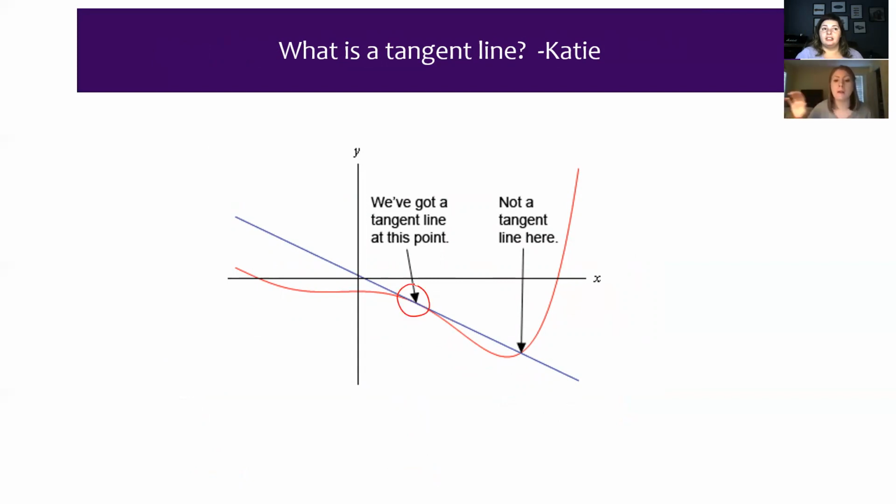So we've got a tangent line at this point. And at that moment, when they meet, they're actually sharing the same slope. They share points, they share slope, and they're touching just the one time.